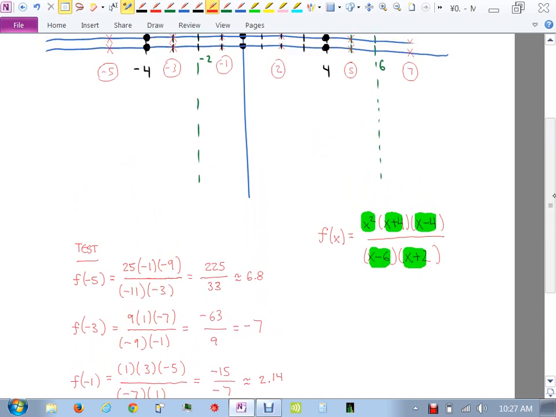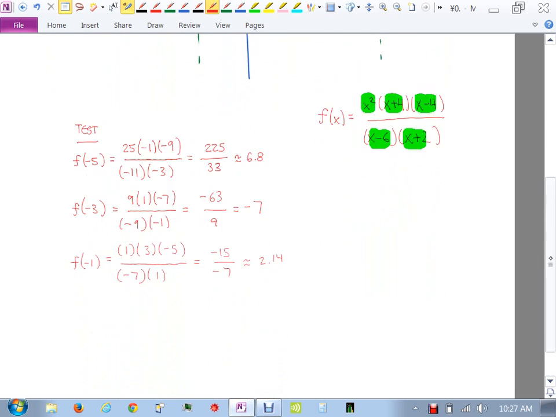All right, 3 more to go. F of 2: 4, 6, -2, -4, and 4, and my 4s cancel here. -12 over, so is this 3? Okay, 3. 2 more.